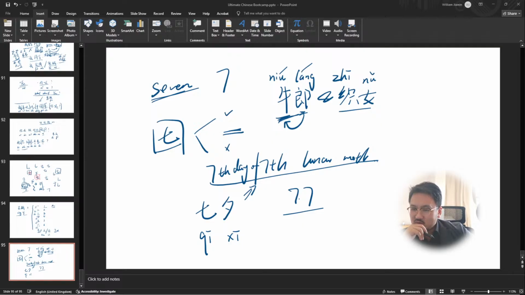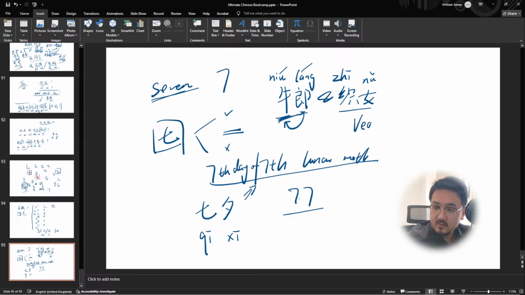So 织女 is like a Vega, like the specific name of the star, right? But 织女 previously is like the goddess, right? It's like the celestial maiden in the sky.